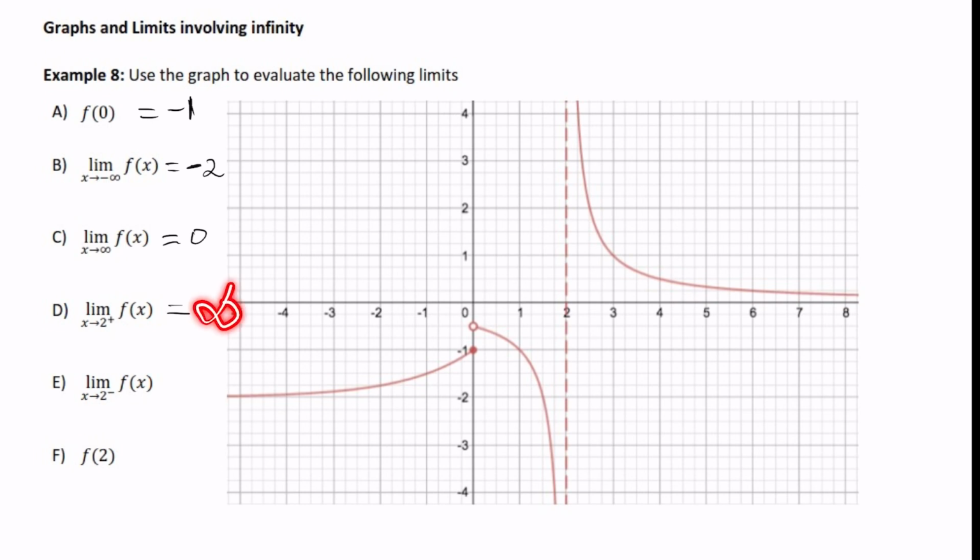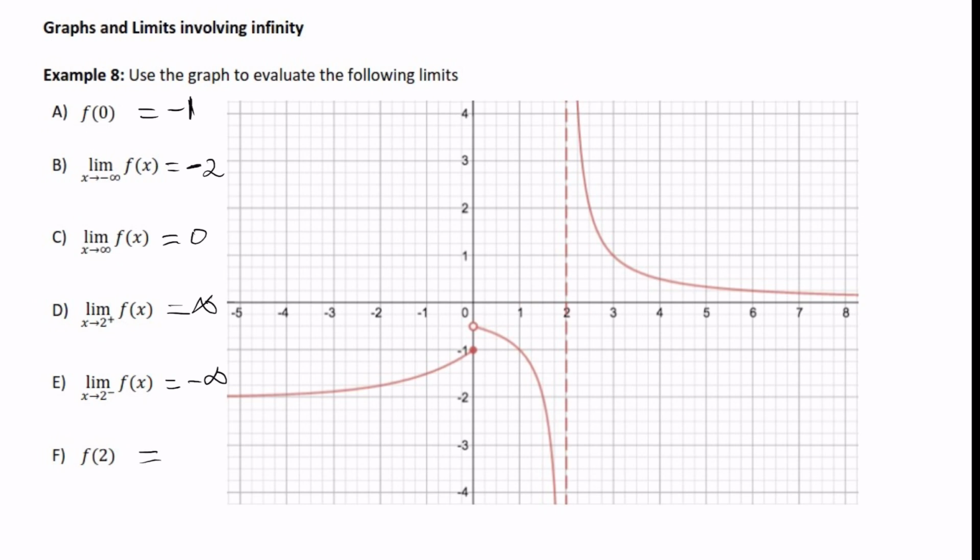So the answer here will be positive infinity. The next one says we should find the limit of f of x as x approaches 2 from the left. This is 2, and this is the left side of 2. As we approach 2 from the left, our graph decreases unboundedly. So this goes to -infinity.